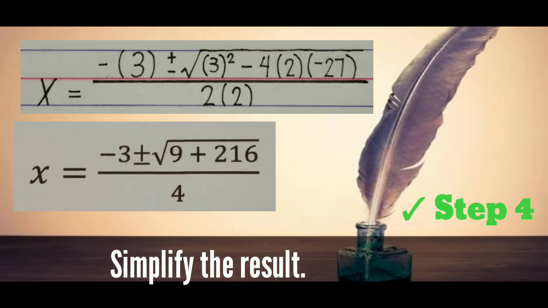Then negative 8 times negative 27, it's positive 216. So that's why it's the square root of 9 plus 216, over 2 times 2, it's 4. So x equals negative 3 plus or minus the square root of 9 plus 216, over 4.